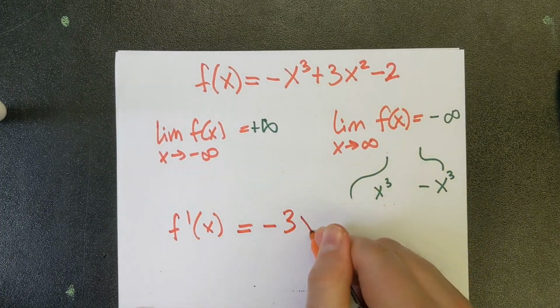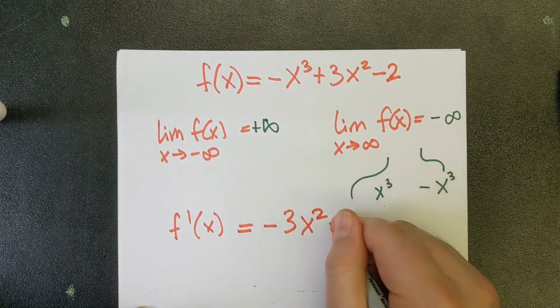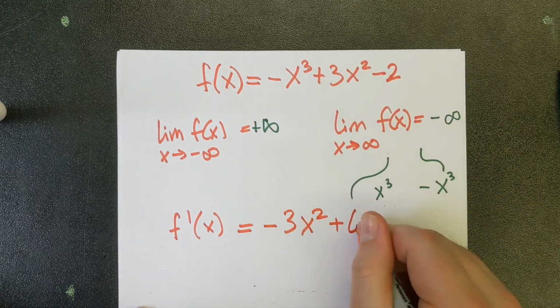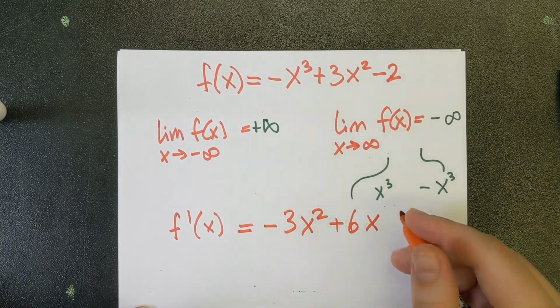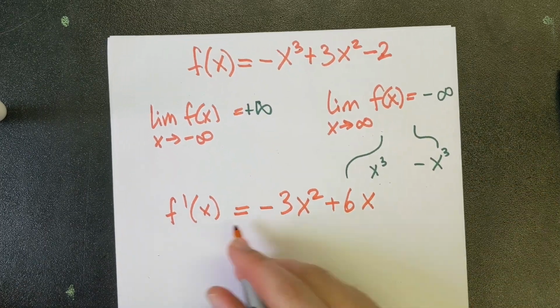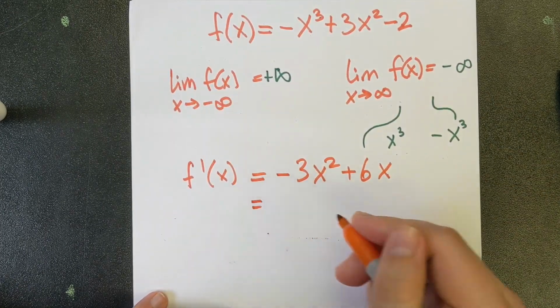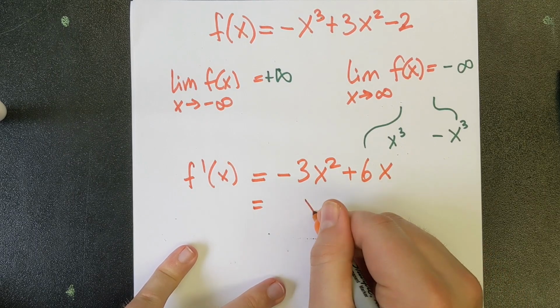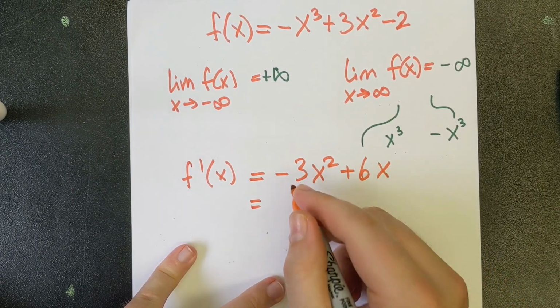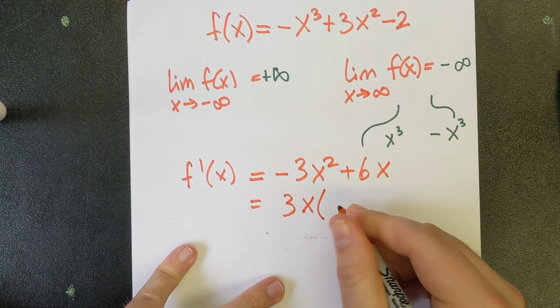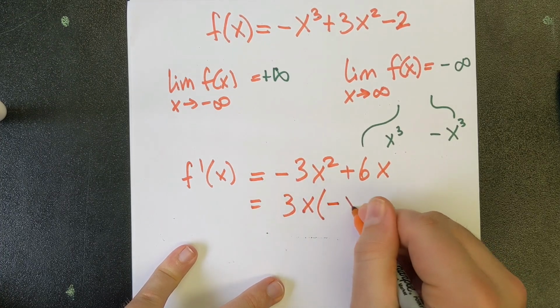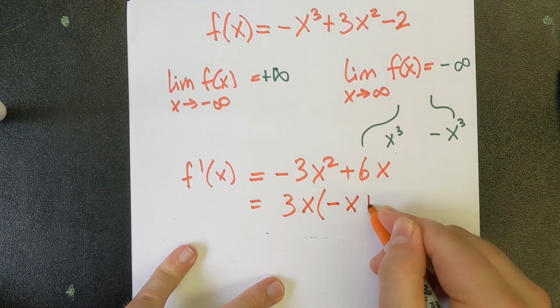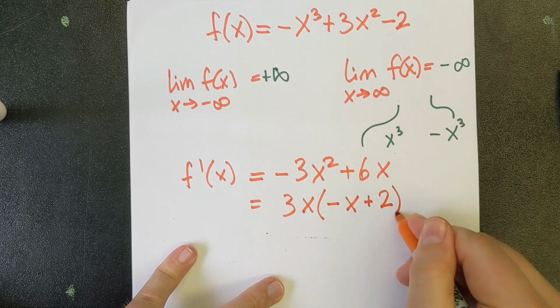It's negative 3, the power drops down, decreases by 1, plus 2 drops down, making that into a 6, decreases by 1. The 2 vanishes, so this is just my derivative, which is the same thing as, well, let's see, I can pull an x out. Oh, I could pull the 3 out as well, leaving me with negative x plus 2.